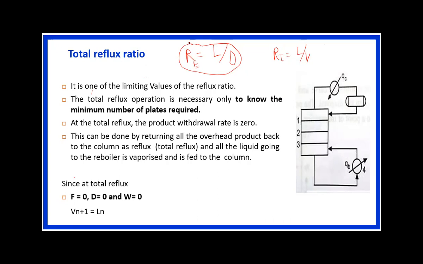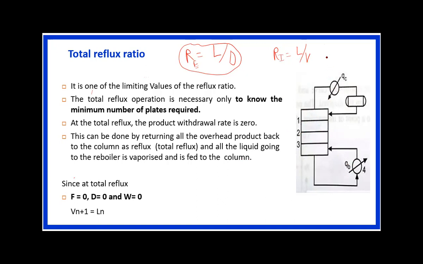So let us discuss what exactly the total reflux ratio condition is. In this case, you already have the idea regarding the three components in the distillation, that is column, then condenser, and then reboiler.